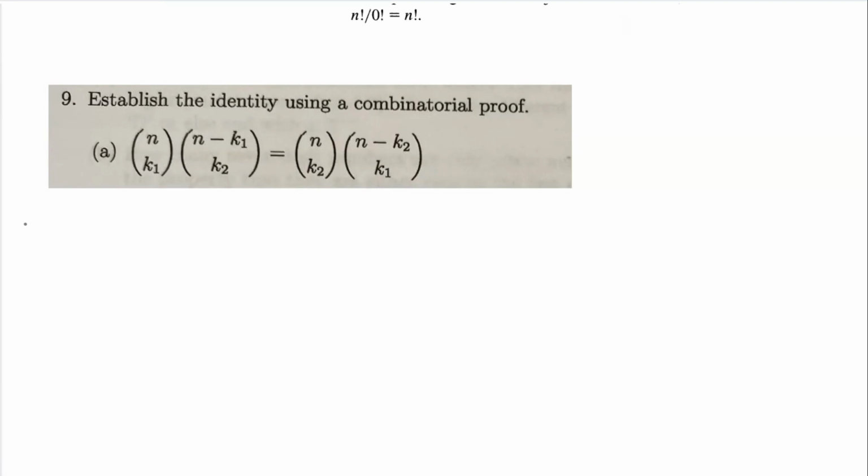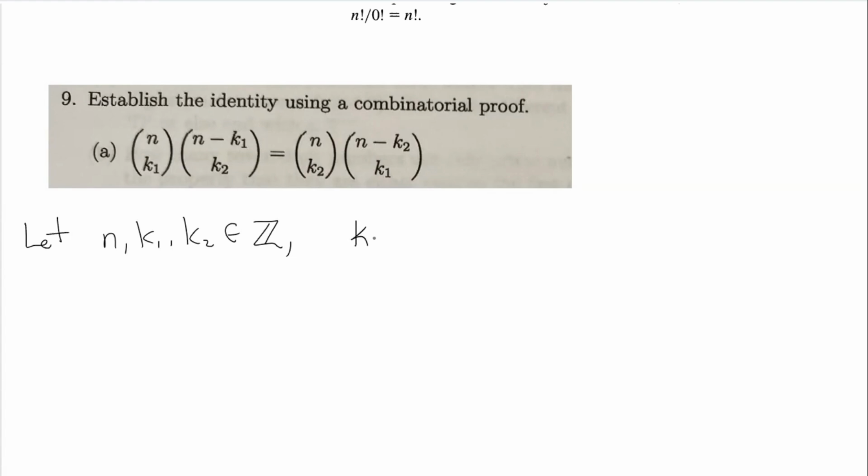So we can start with the law of universal generalization, right? I've got a statement here about a bunch of variables, so let's create them. Let n, k1, and k2 be integers, and certainly there are going to be some restrictions on them in order for all these things to make sense.